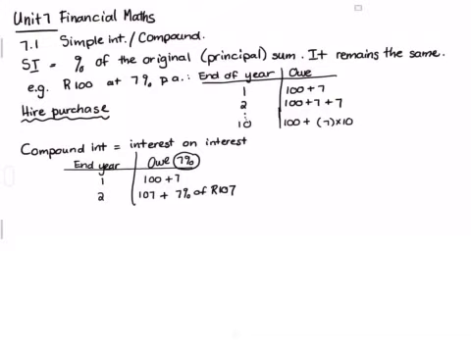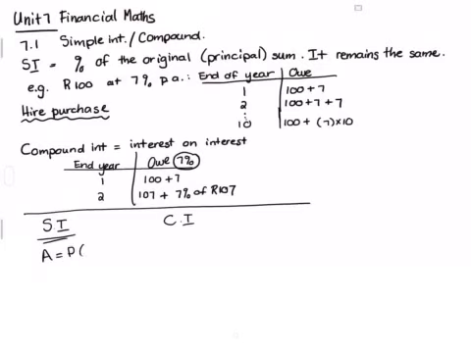Let's look at the formulae. For simple interest, A equals P times (1 plus i times n).